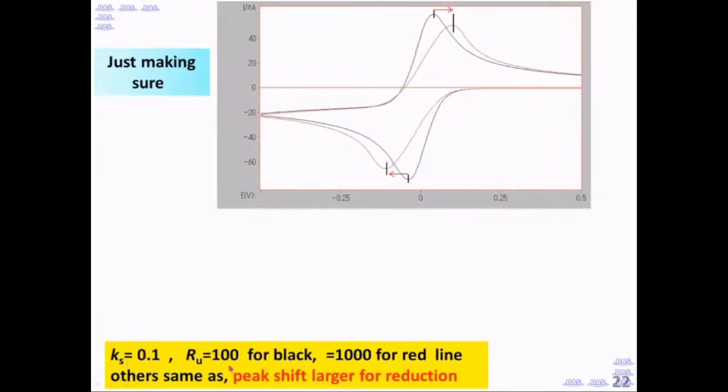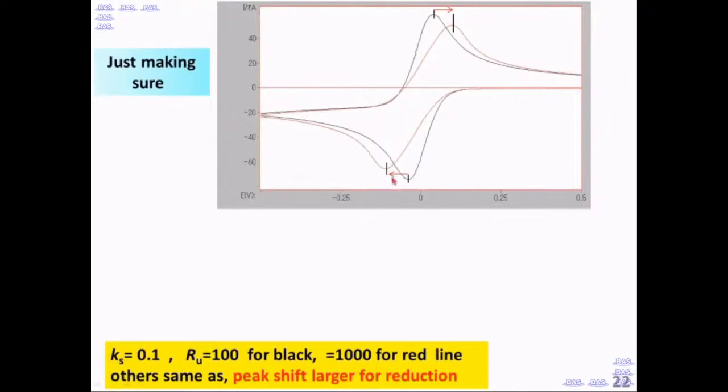RU, the uncompensated resistance, is the black line, the real resistance between the working and reference electrode, and the red line is 10 times larger, with the others the same. The peak shift is larger for reduction, in the reduction direction.